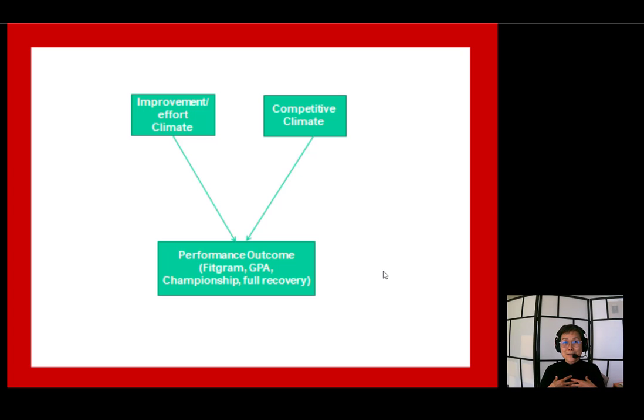If I, as a professor in the classroom, create an improvement and effort, positive feedback climate, does it make you really get an A in the class? A little bit, not the whole thing, right?